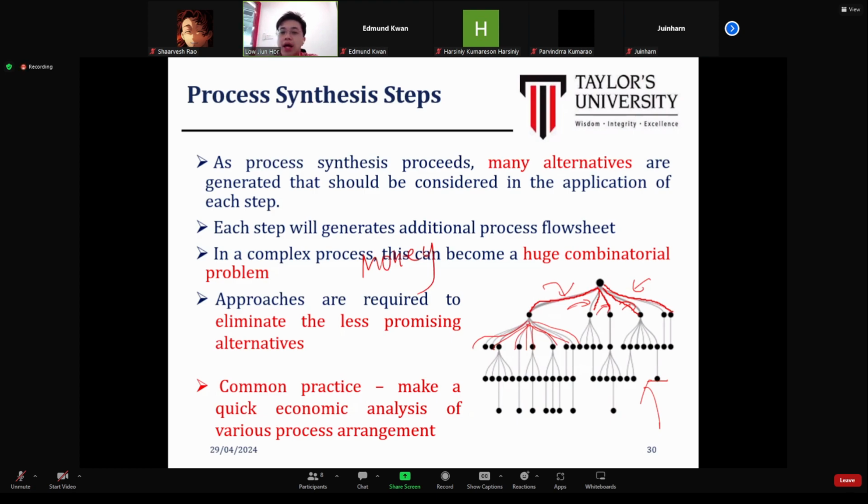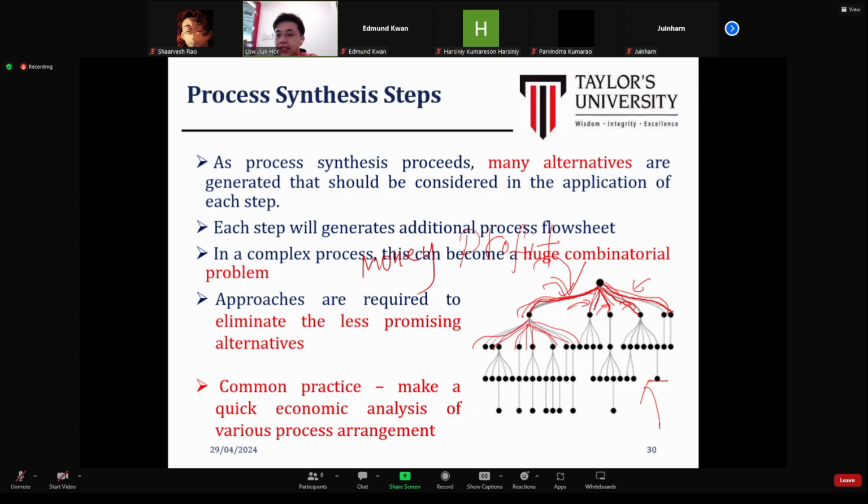So even though we already identified different processes or technology, first we will do the screening. We will select the best technology among these chemical processes. How are we going to do the screening? Based on what criteria are we going to select the best one? Based on the profit that we can get.